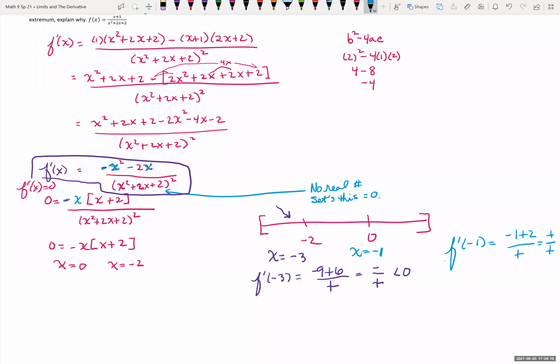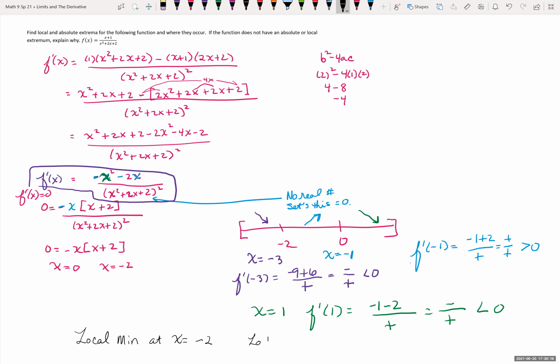So looking at this and knowing it's defined everywhere, decreasing to negative 2 and then increasing after negative 2, we can see that there is a local min at x equals negative 2. And then we can see there's a local max at x equals 0.